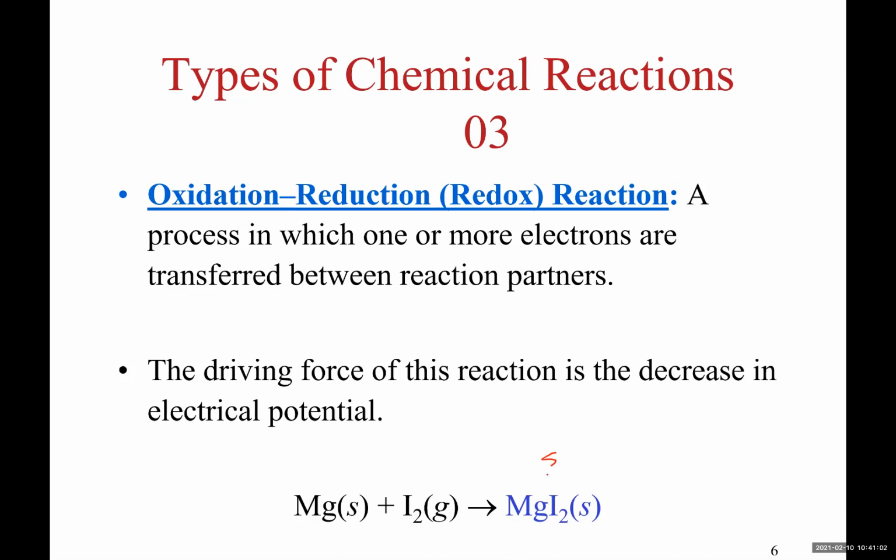If I look at magnesium iodide, the charge of magnesium is +2, and the charge of iodine is -1, and you have 2 iodides. So the total charge, remember, of every ionic compound must be 0, because electrons are not created or destroyed in a chemical reaction.